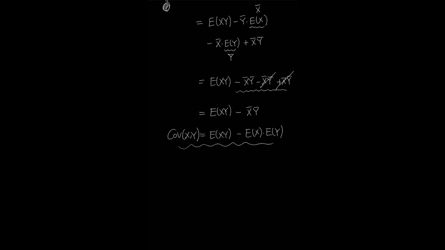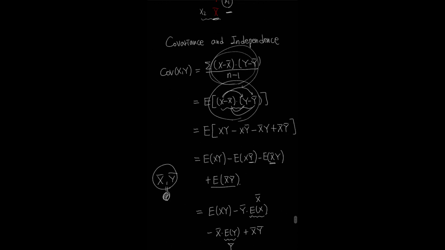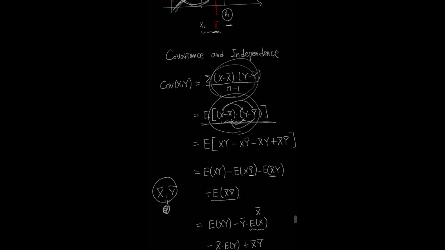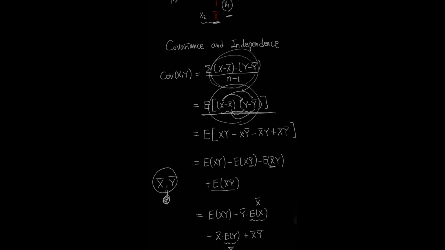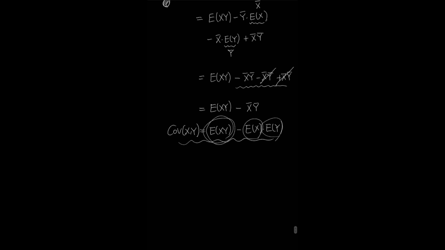Most of the time we will have the information of the expectation of X and the expectation of Y. So all we have to do to get the covariance of X and Y is get the expectation of X times Y. In the earlier form, it's not very clear and I don't have any idea what to do. This is why we change it, and we're going to take a look at the concept of independence in this form of covariance.